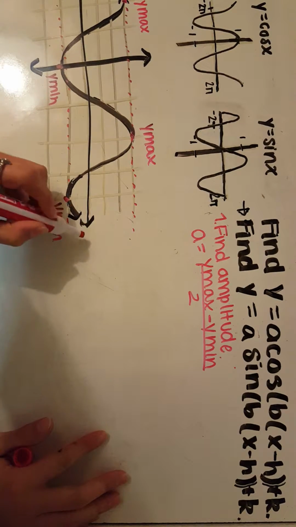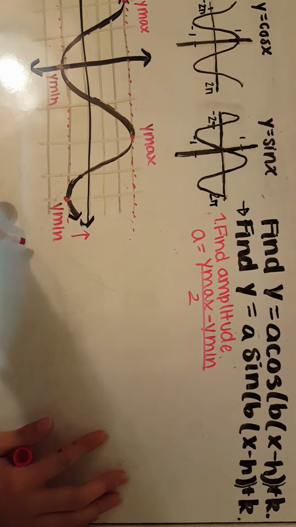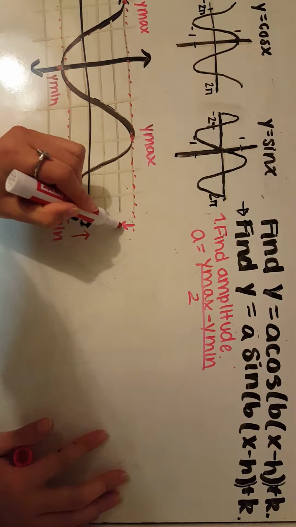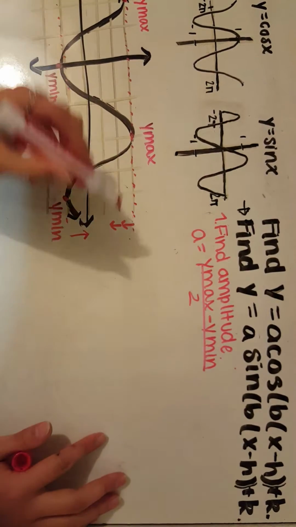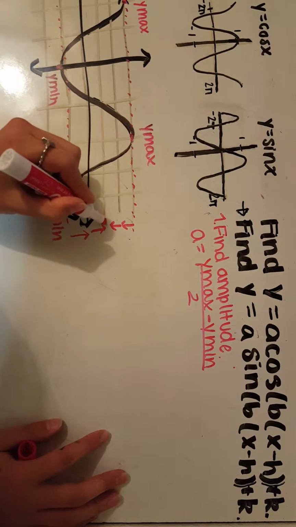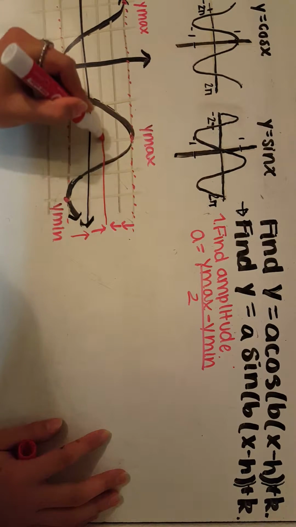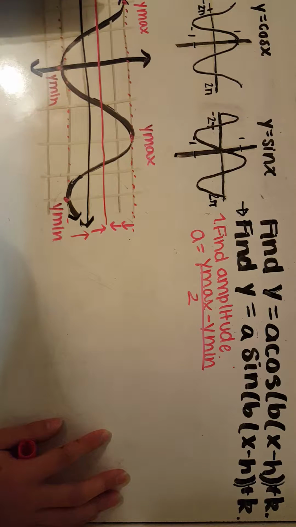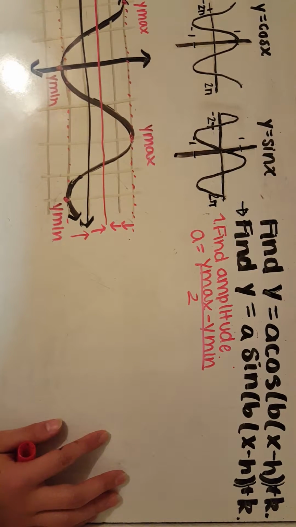And so if I go up 1 for my minimum and go down 1 for my maximum, and go down another 1 for my maximum, and likewise another 1 up for my minimum, then I find that my midline is right there.